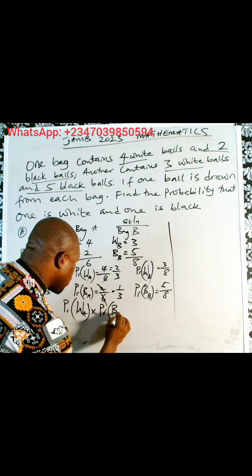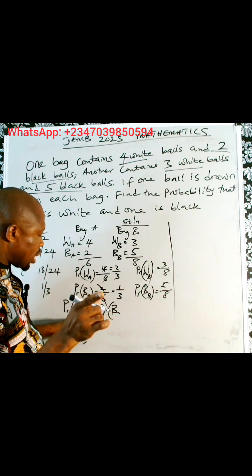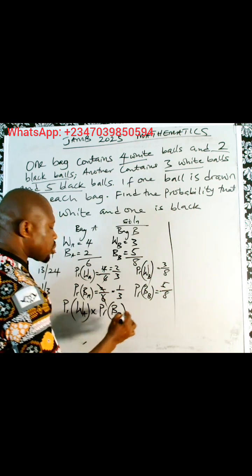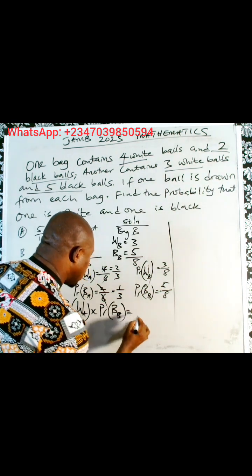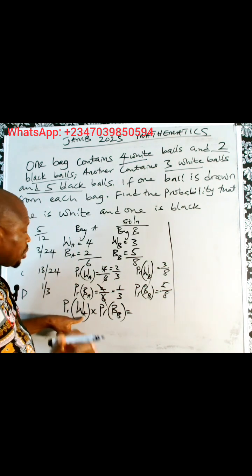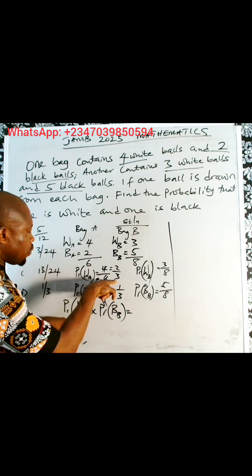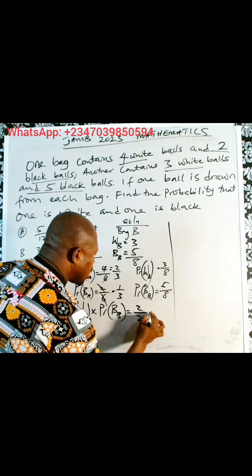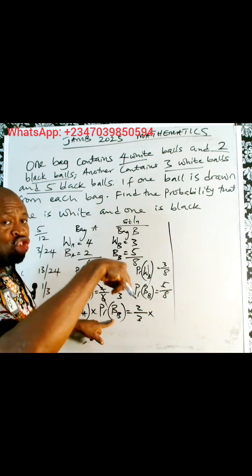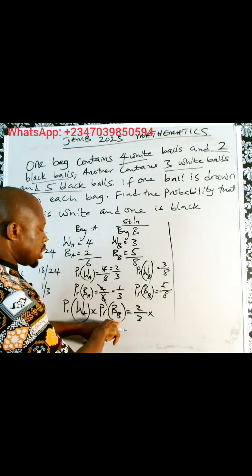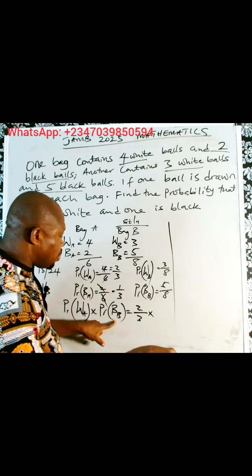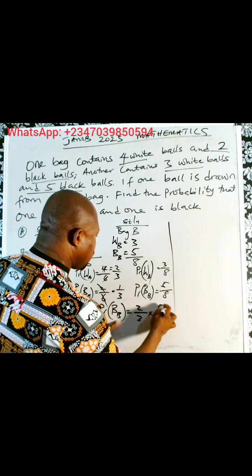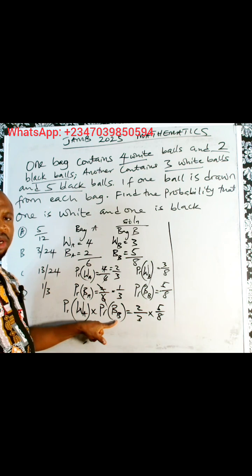You keep it, which is equal to the probability of getting white from the first dip, which is 2/3, multiplied by the probability that what you got from the second dip from the second bag is black, which is 5/8. You keep that one.